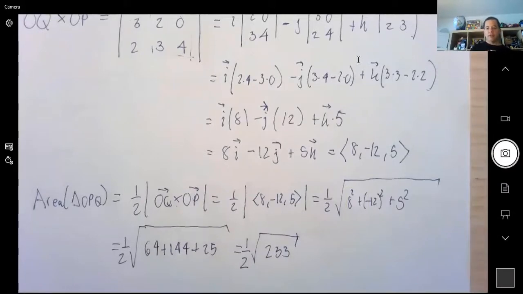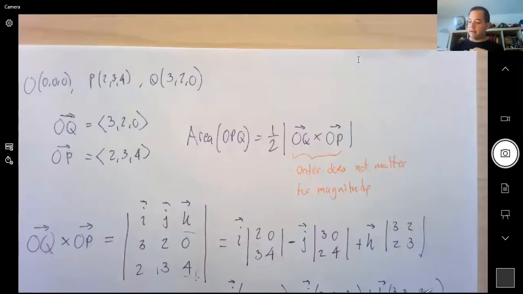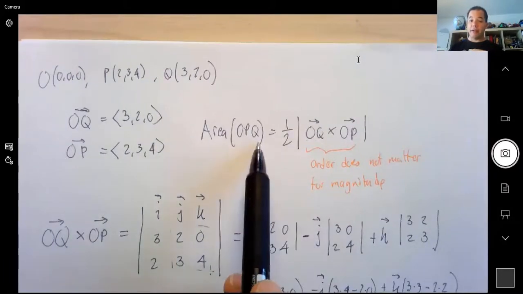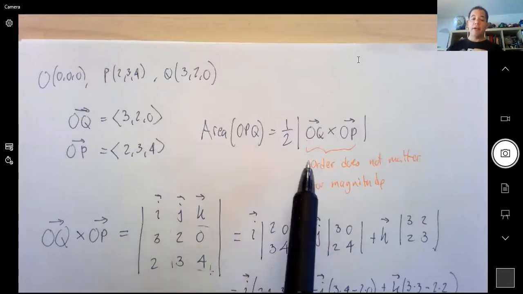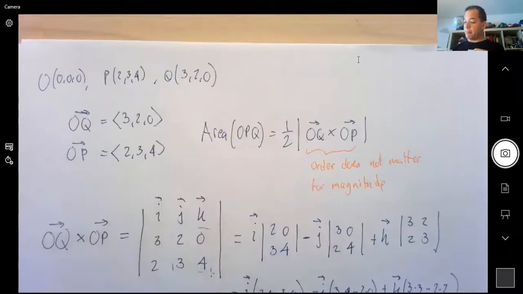How we do it is pretty straightforward, as I was telling you. So there's two things you need to remember about the cross product. Well, three. You need to know how to get it. You need to know that you can get the area of a triangle or the area of a parallelogram using the magnitude or half the magnitude. And you need to remember that the cross product is perpendicular to the two other vectors.